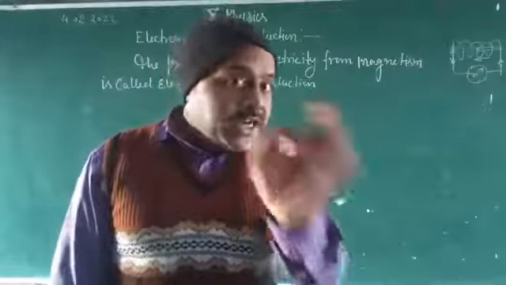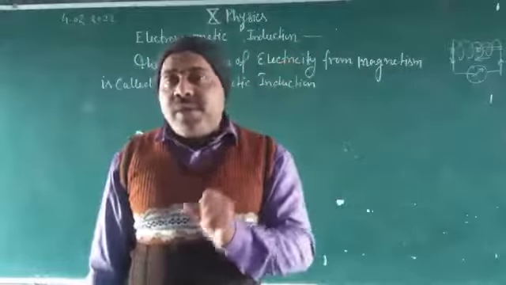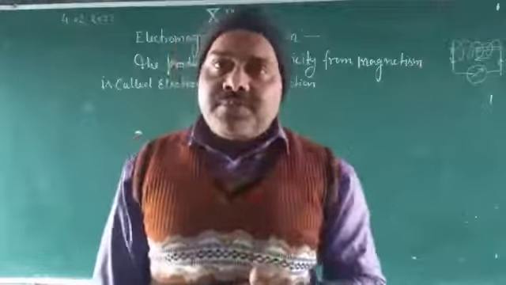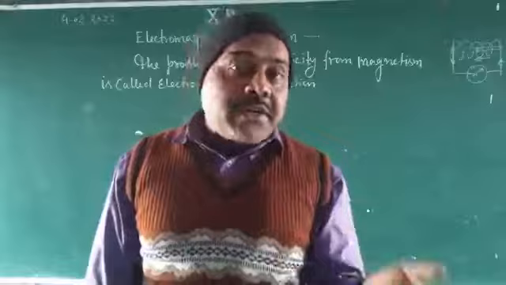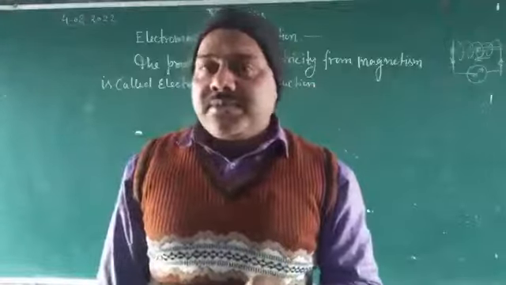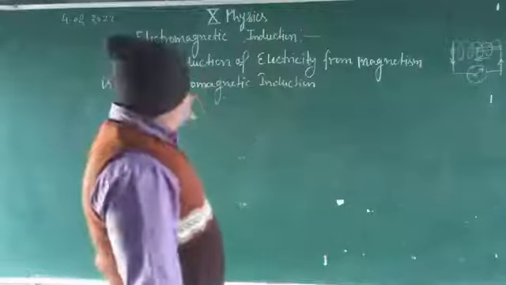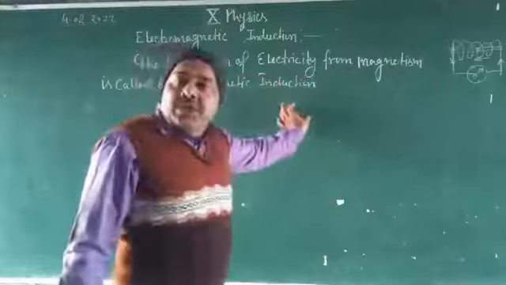Here we can detect the presence of current with the help of an instrument called a galvanometer. A galvanometer is an instrument used to detect the presence of electric current. The electricity produced from magnetism is called electromagnetic induction.